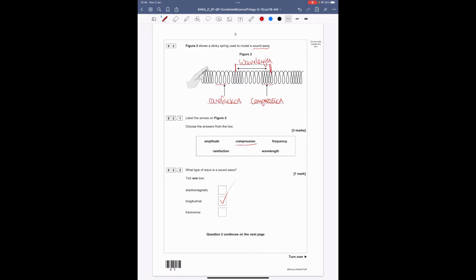The slinky spring, where it's being compressed and rarefacted, is a longitudinal wave. A transverse wave is when the wave looks like an S-shape on its side. Electromagnetic waves are a type of transverse wave. So sound waves are longitudinal.